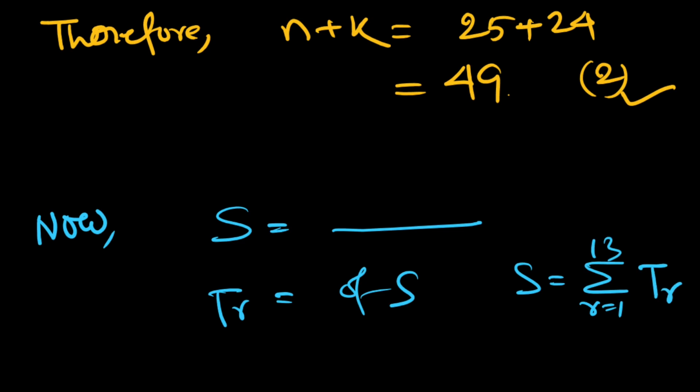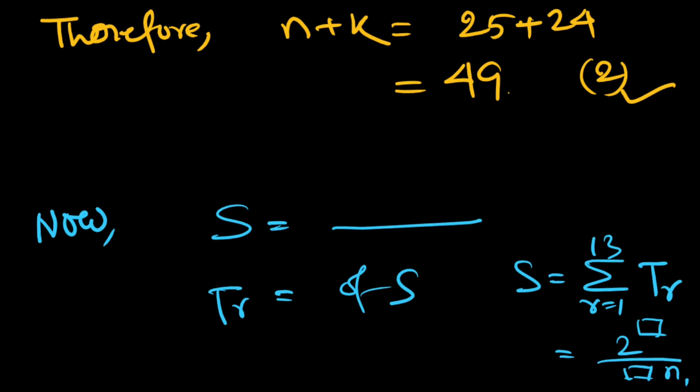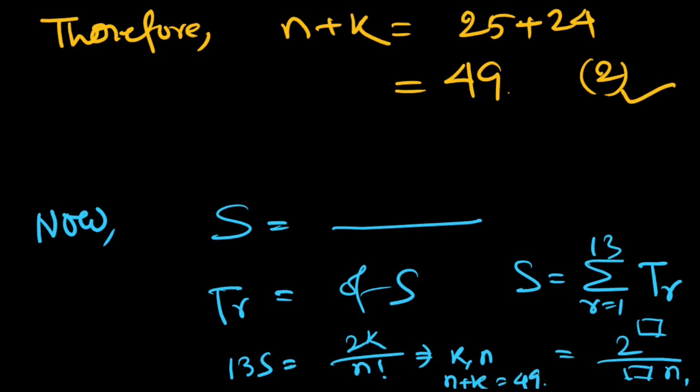Then we evaluate this and we get 2 to the power something over some factorial. After that we calculate 13s and match it with 2 to the power k over n factorial. Then we find k and n, and we get n plus k equal to 49. This is our answer.